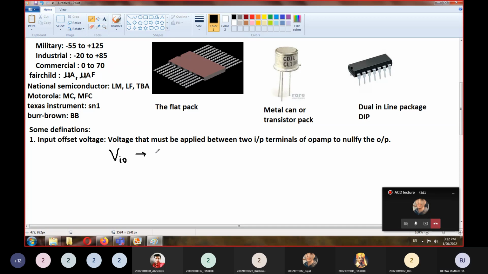And this is near about 150 microvolt maximum, right? It is 150 microvolt maximum.